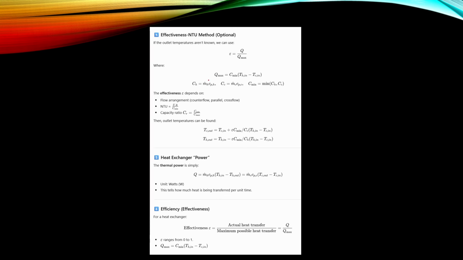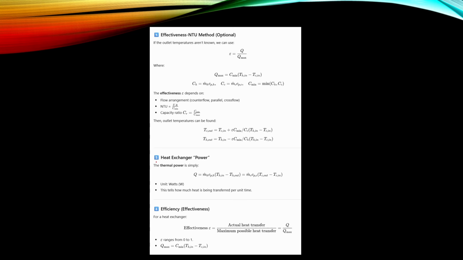And this capacity flow for hot flow is hot flow mass flow times this specific heat, and capacity flow for cold flow is cold flow mass flow times this specific heat. And in this function we use the minimum of these two values.